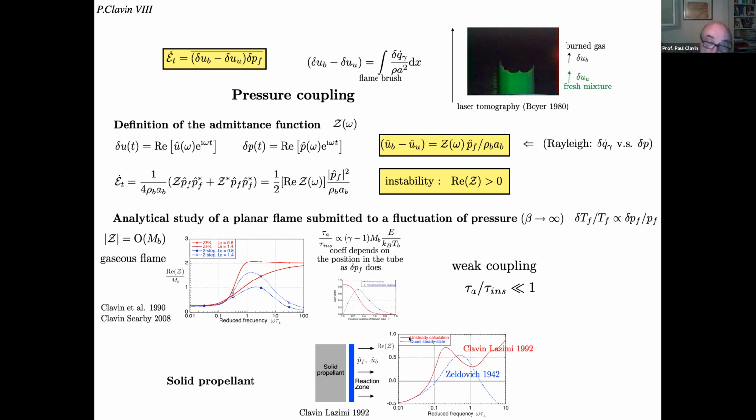It is more complicated because you also have tangential modes, because if it is a cylinder, you have acoustic modes that are tangential and longitudinal. With such a response function, the admittance function computed here for ordinary solid propellant, you may have a very strong instability of the rocket.